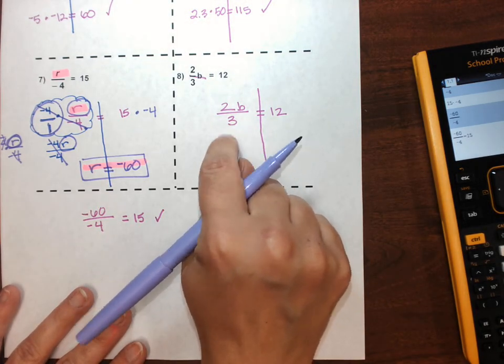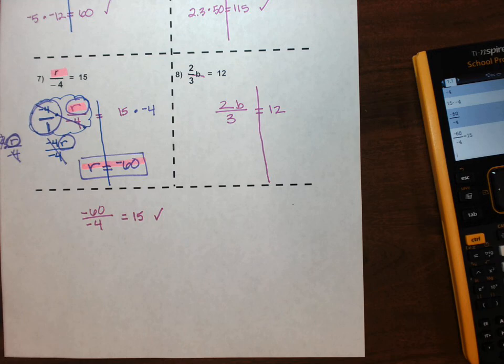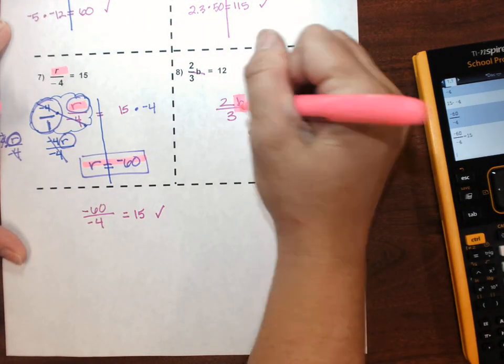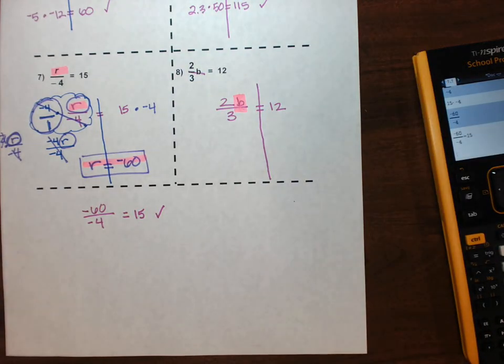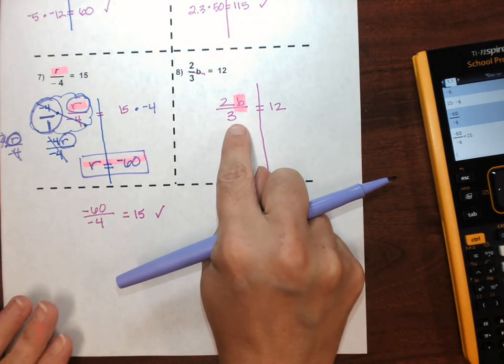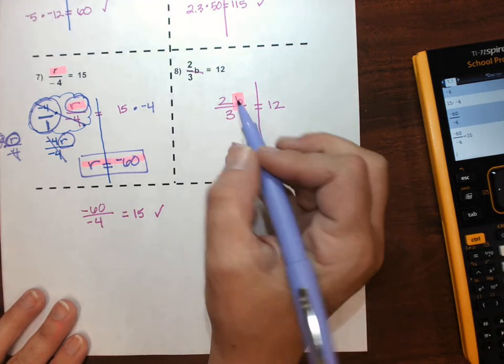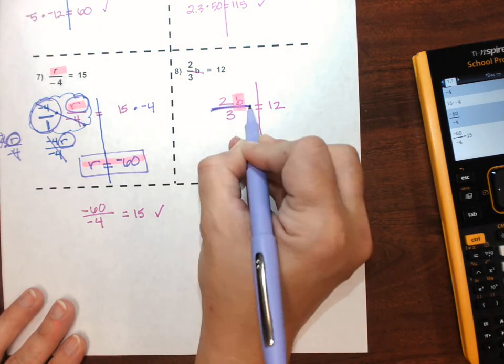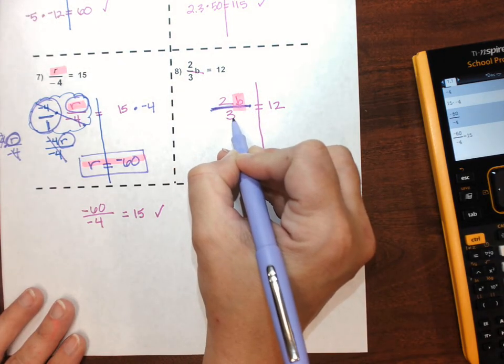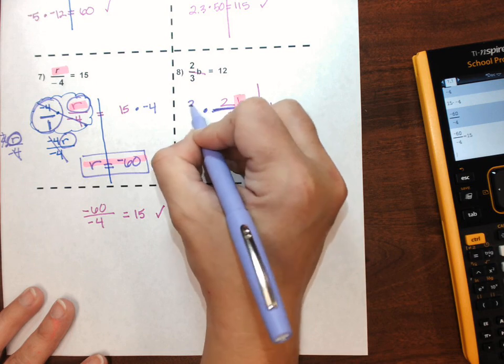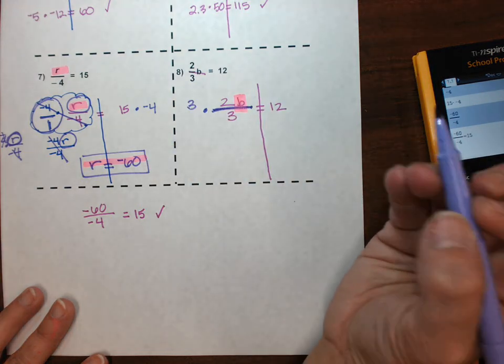Okay, how do I get rid of, and I'm jumping ahead of myself a little bit. Remind me, what's the goal? The goal is to isolate the variable. So we're going to multiply. Why are we multiplying? Because this is dividing by 3. So how do we get rid of dividing by 3? We multiply by 3.